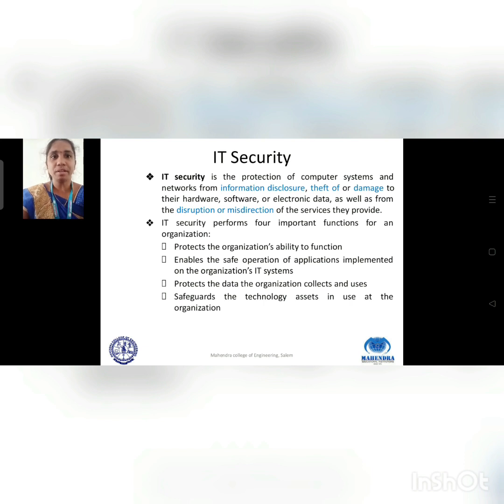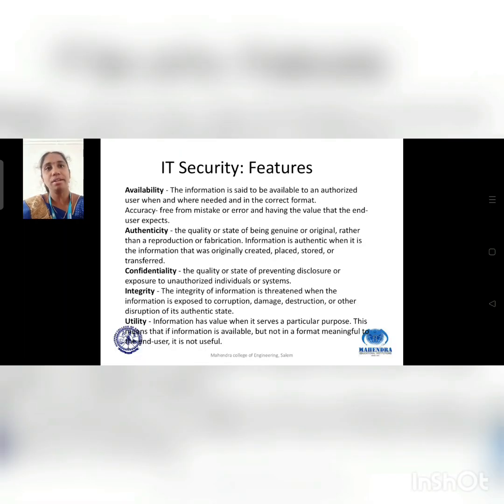First one, protect the organization's ability to function. Second, enables the safe operation of applications implemented on the organization's IT systems. Third one, protects the data the organization collects and uses. Fourth one and last, safeguards the technology assets in use at the organization.